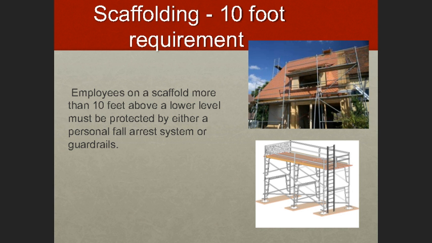Scaffolding is interesting because scaffolding requires the use of cross braces typically, or another type of fall arrest system. So instead of guardrails on scaffolding, a lot of times in the construction industry or even in general industry, what we'll do is we'll just put two beams. They look like X's. You can see it in the bottom right hand corner there in that scaffolding diagram. But what you see is the cross brace.